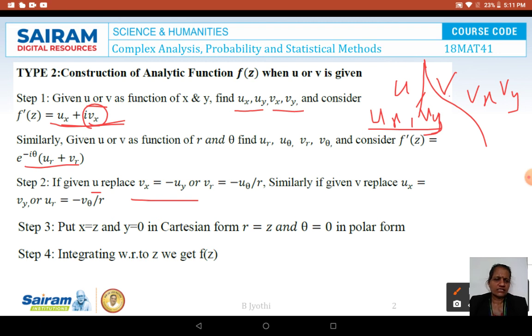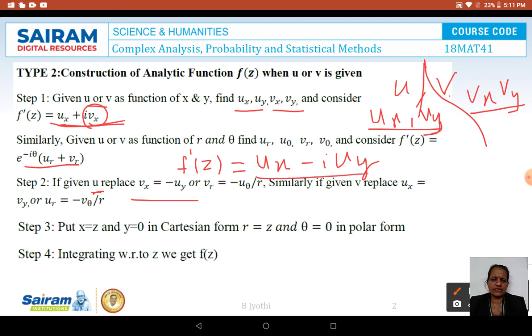Similarly, if v is given, we will have vx and vy. So, what we need to do is replace this ux with vy. Therefore, the equation will reduce to f dash of z equal to, in the first case, if u is given, ux minus i uy, since vx is replaced with minus uy.